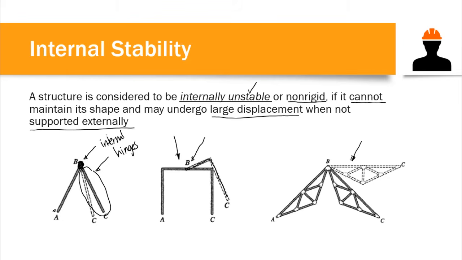That is why we need sufficient support if we are having an internally unstable structure. So those are the two types of internal stability. Again, we have internally stable and internally unstable structures.